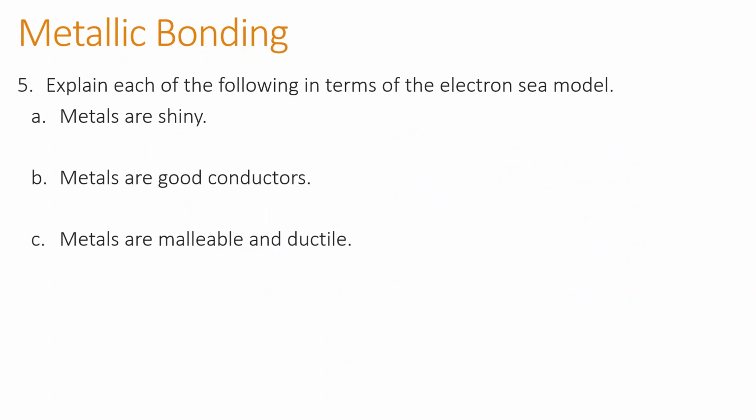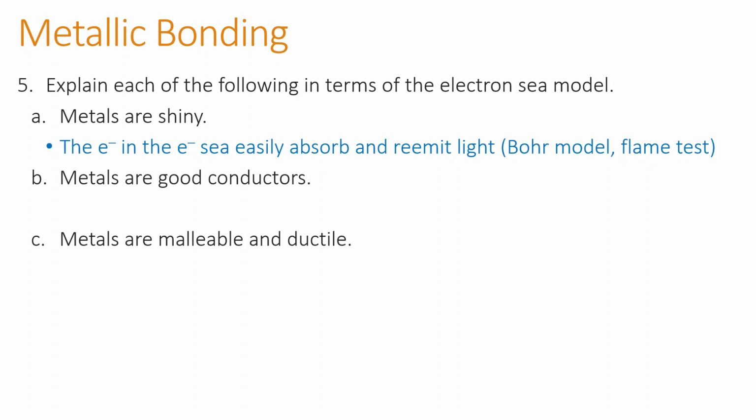So now we want to explain the properties of metals in terms of the electron sea model. The first property of metals is that they are shiny. The electrons in the electron sea can easily absorb and re-emit light. We saw this when we talked about the Bohr model and the flame test.